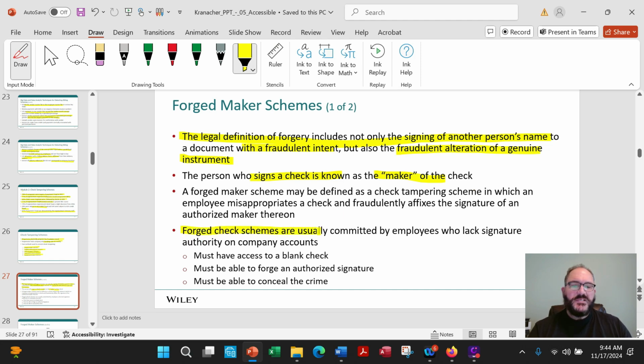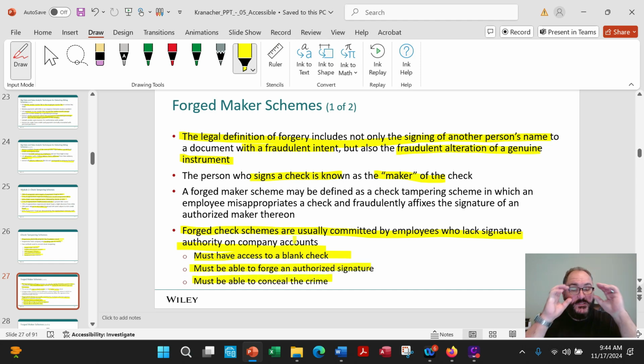Forged check schemes are usually committed by employees who lack signature authority. So they're not allowed to sign the checks. What they do is they get access to blank checks, and in this case, they're physical checks, not ACH. Forge an authorized signature, and conceal the crime.